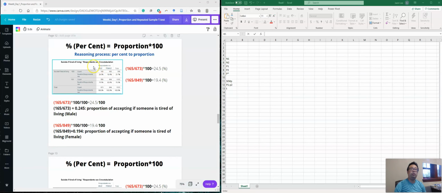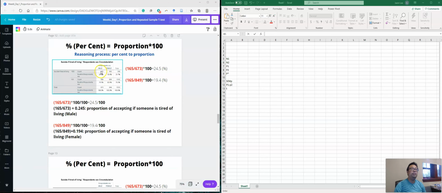Categorically, percent means out of 100. So usually you can multiply the proportion by 100, then you can create the percent. For example, 24.5% is calculated as 165 divided by 673.